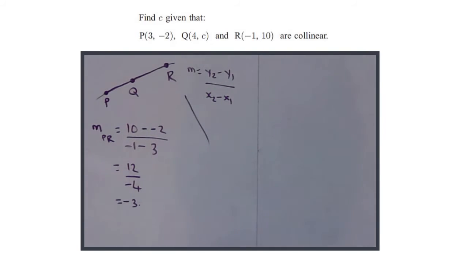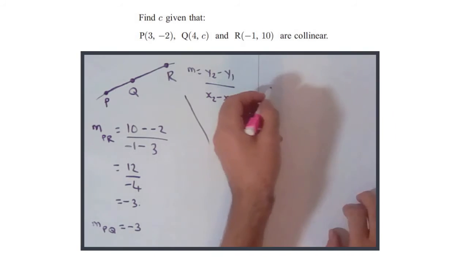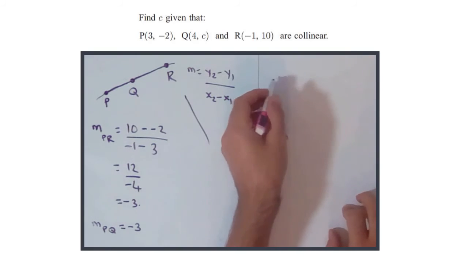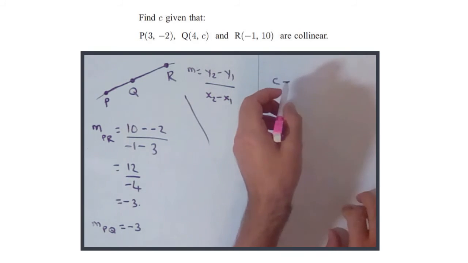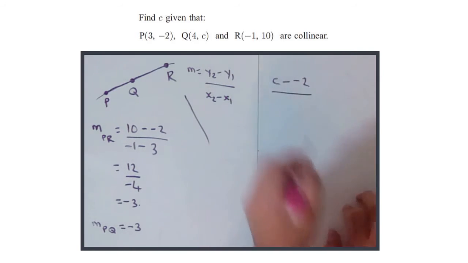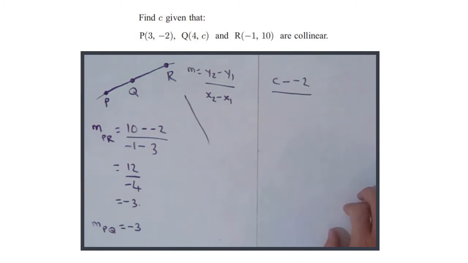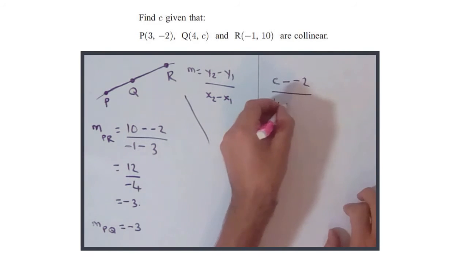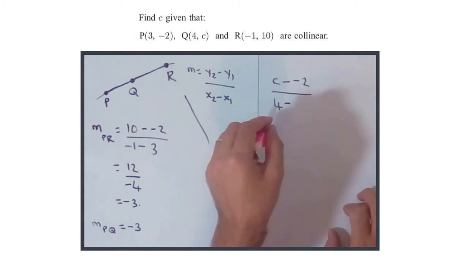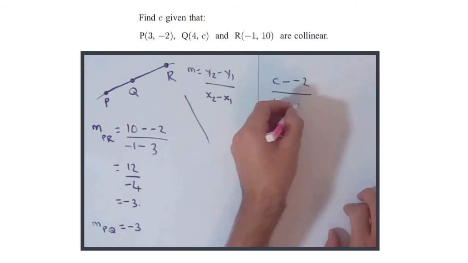So I'm going to find MPQ, and we know it equals -3. That means y2 minus y1, where y2 is the y coordinate at Q, which is C, minus y1, the y coordinate at P, which is -2, over x2 minus x1: the x coordinate at Q, which is 4, minus the x coordinate at P, which is 3.